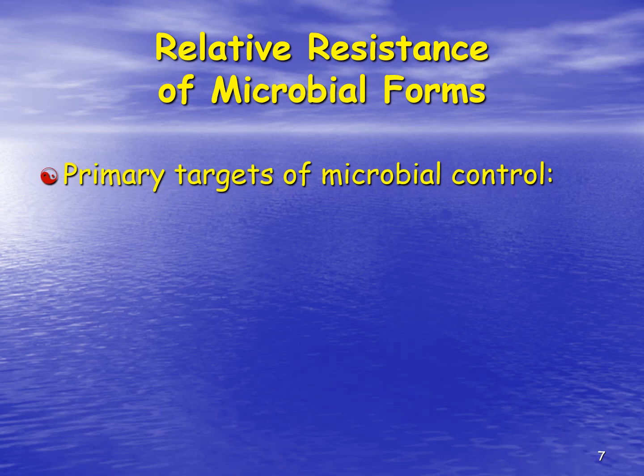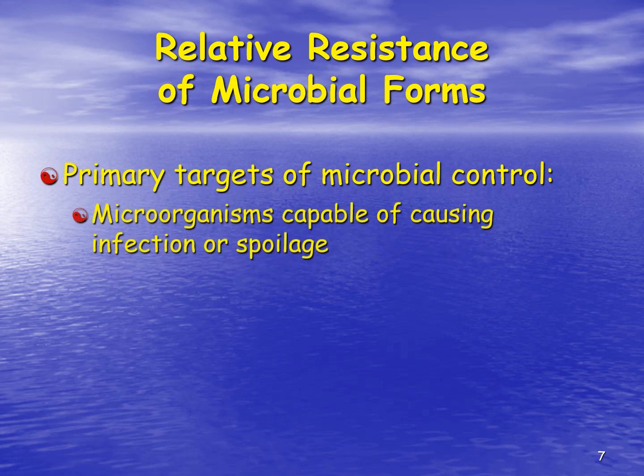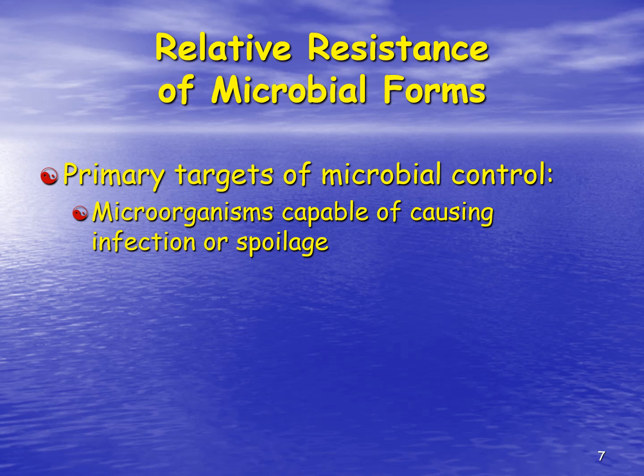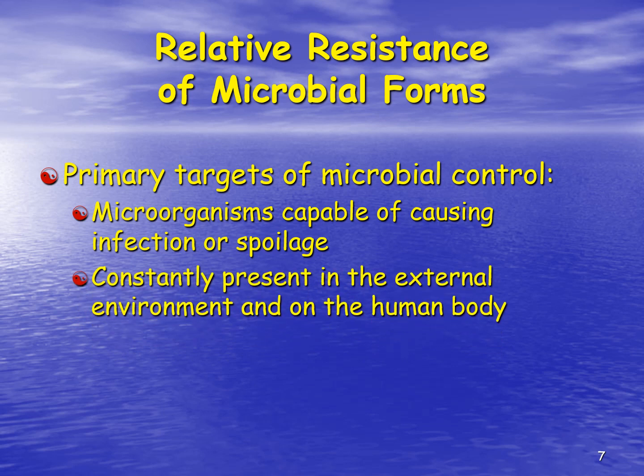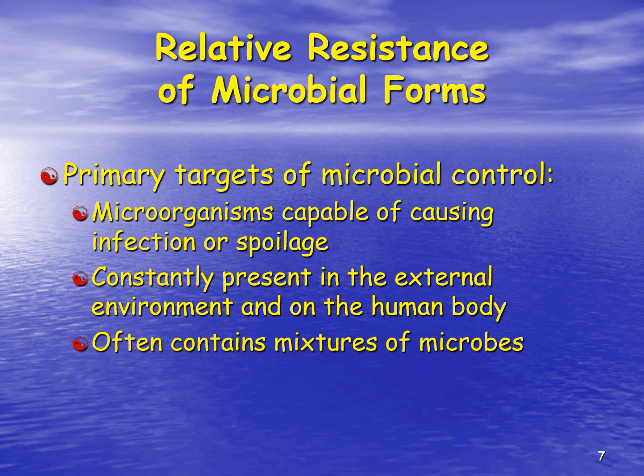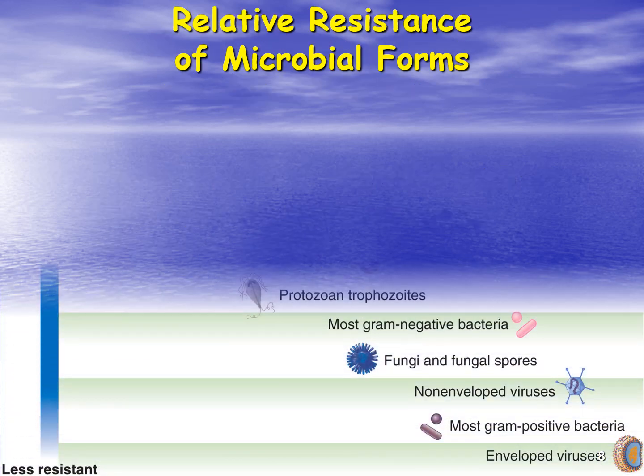The primary target of microbial control is those microorganisms that are capable of causing infection and or spoilage of foodstuff. These microbes are constantly present in the external environment and even on the human body. Often it contains a mixture of these pathogenic microbes.